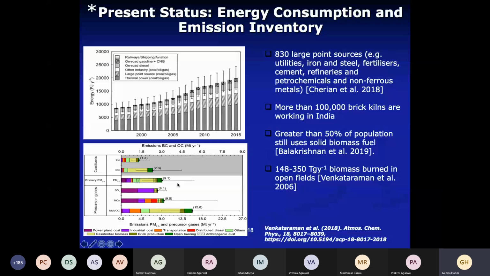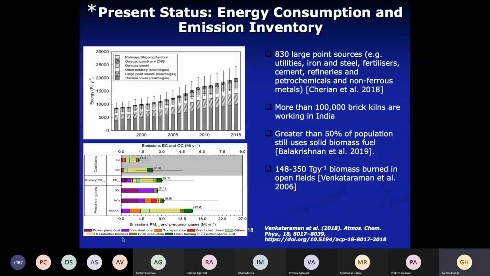That bottom figure on the left side gives us an idea of emissions of black carbon, organic carbon. Just don't remember that, because this is something you don't need. But PM 2.5, you can see SO2, NOx, non-methane volatile organic carbon. All these are given here, and you can see the largest emitter is residential biomass, which is fuel wood, dung cake, and crop waste combustion in rural areas in India.